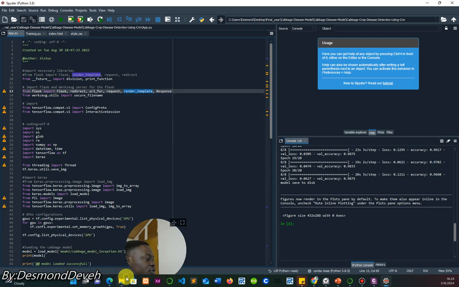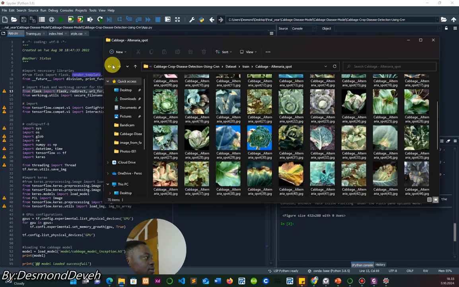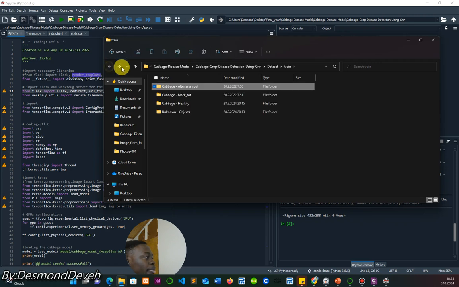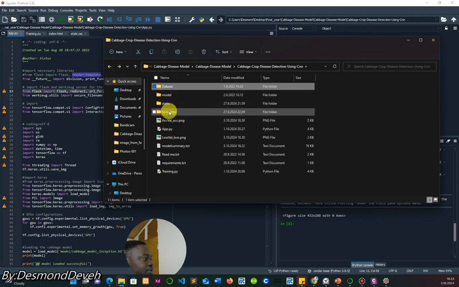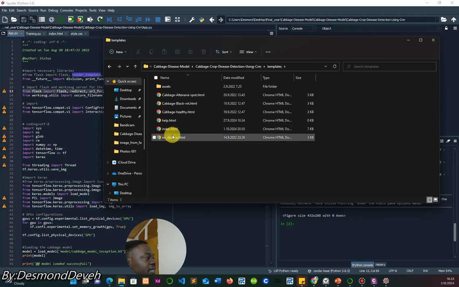So when you go into the folder of my dataset, the application, you come to see that I have a templates folder here. In the templates, you'll find the HTML and CSS, all the code that I wrote about the images.